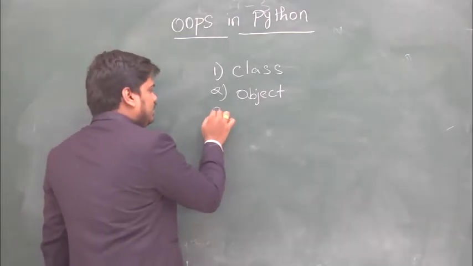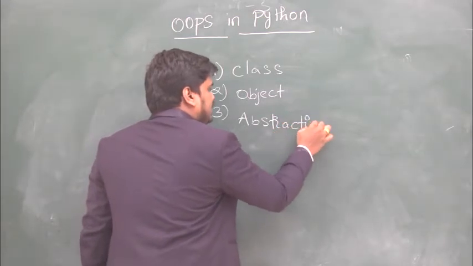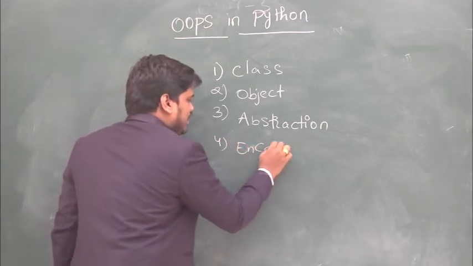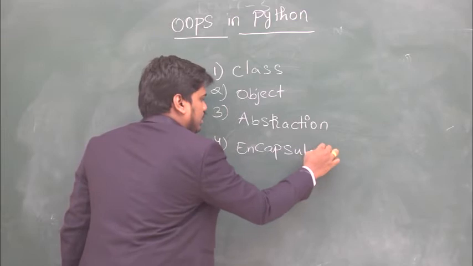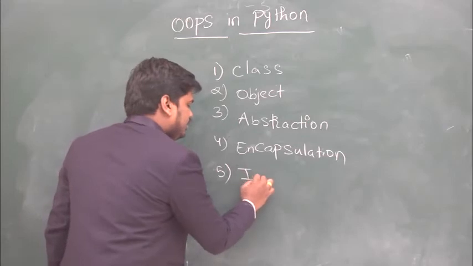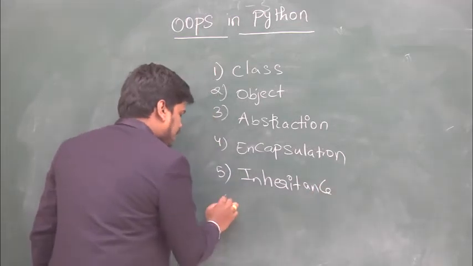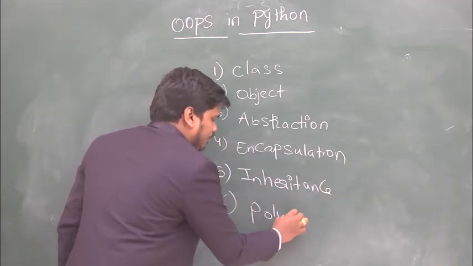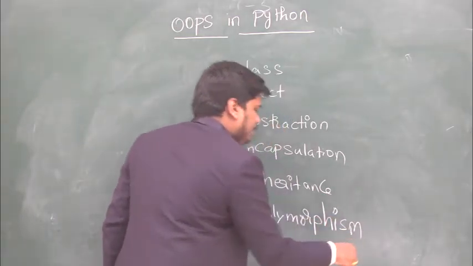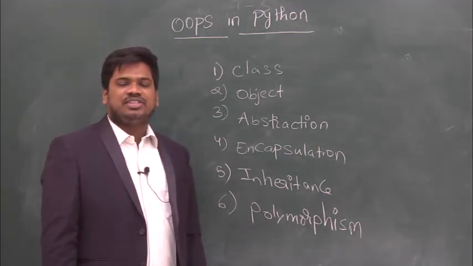The third one is abstraction. Next is encapsulation. The fifth one is inheritance. And the sixth one is polymorphism. So these are the various important object-oriented features in Python.